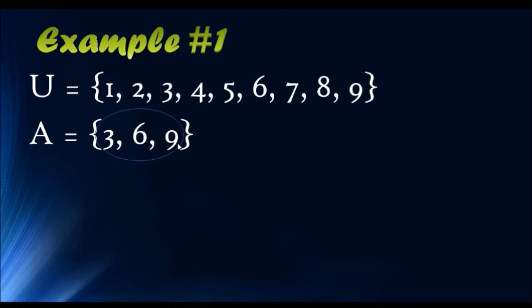Now we're going to find A complement. So our basis here will be the universal set. Now look at the elements of the universal set. What are the elements here that are not found in the set A? Okay, let's try to find out. First, cancel all the elements in set A that are found in the universal set: the 3, 6, and 9.